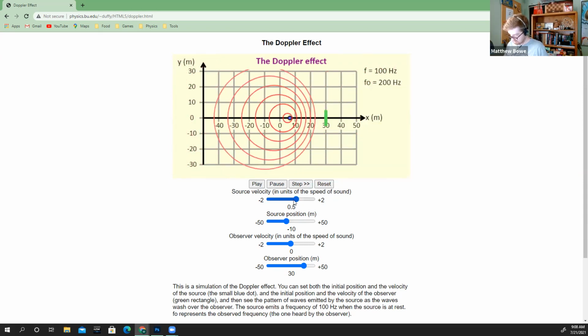As this source speeds up, let's say it's exactly 1. In this case, the source is moving at the same exact speed as the wave it's emitting.